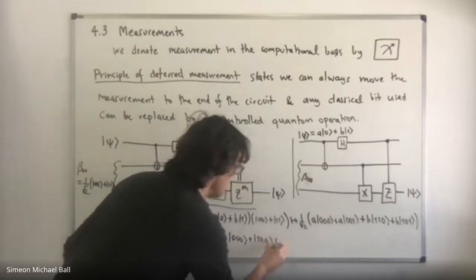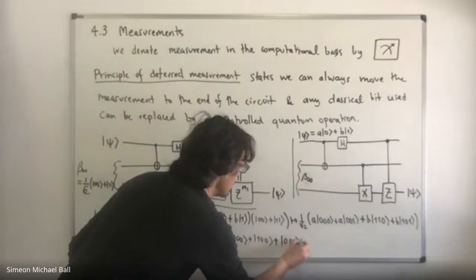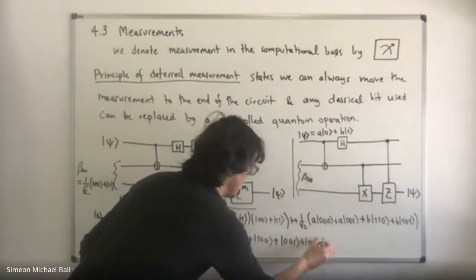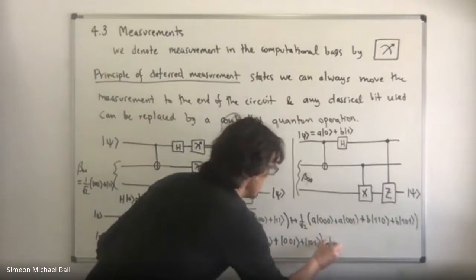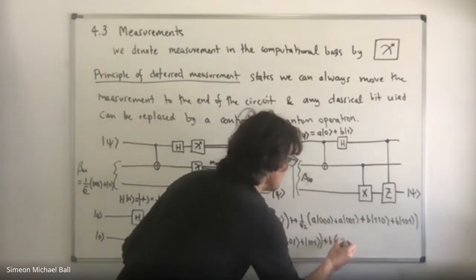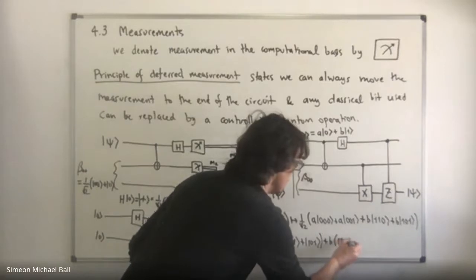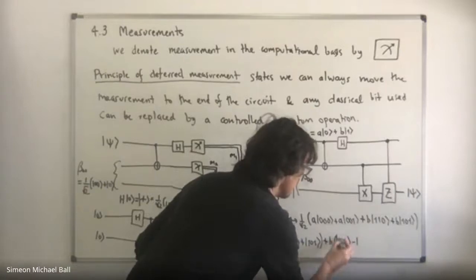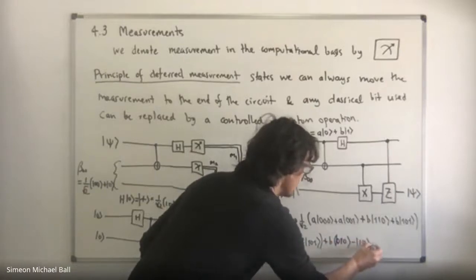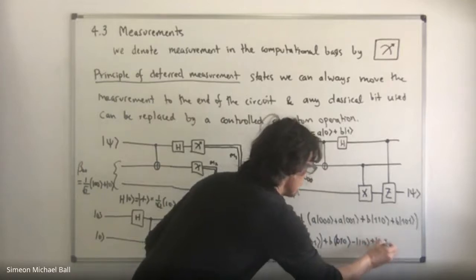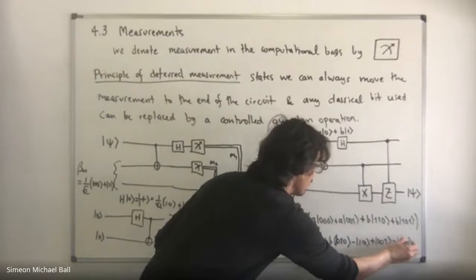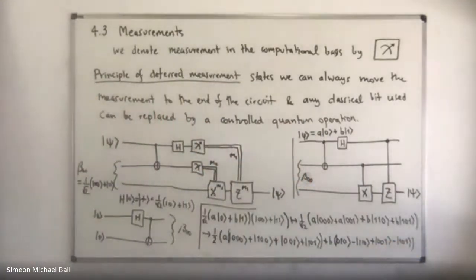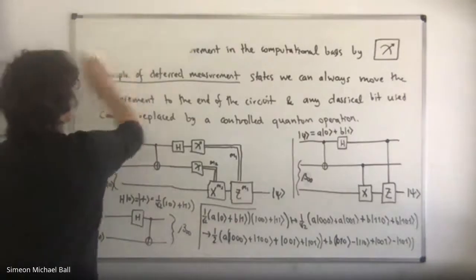This is going to be 0, 0, 1 plus 1, 0, 1 plus B 1, 1, 0 minus, sorry, 0, 1, 0, plus 0, 0, 1 minus 1, 0, 1. Well, I'm going to need more space.